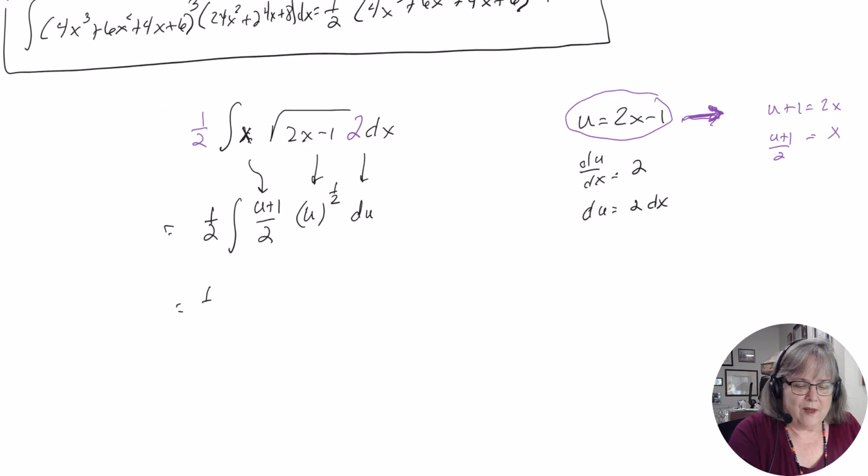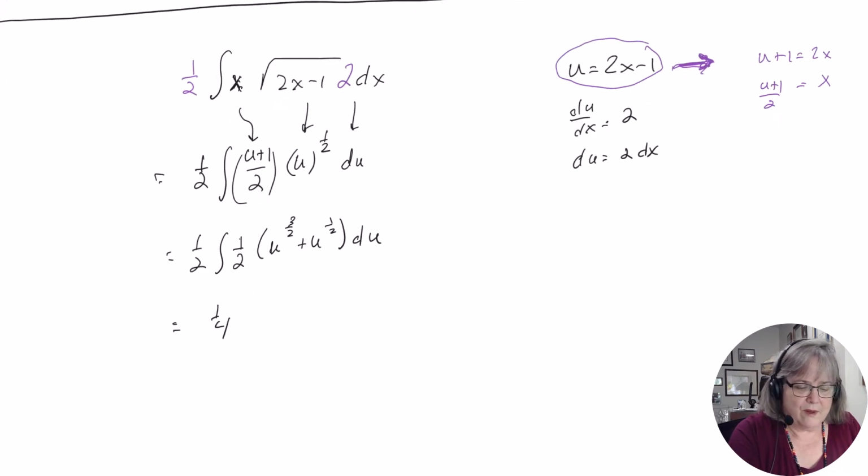So this is 1/2, and I can multiply that out. I could pull out this 1/2, and you would have u plus 1 times u to the 1/2. So u plus 1 times u to the 1/2 is u to the 3/2 plus u to the 1/2 du.